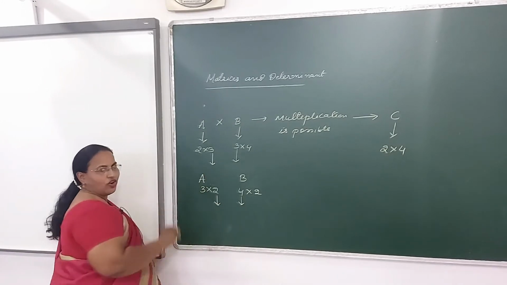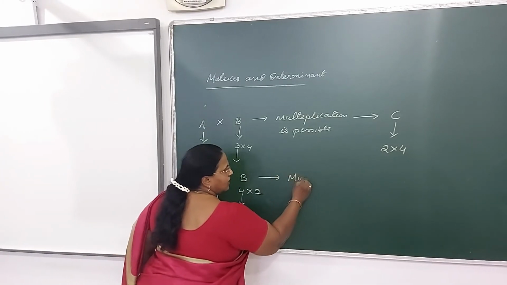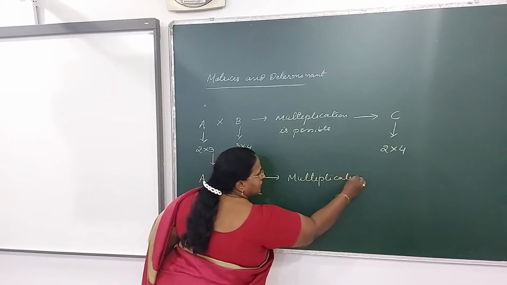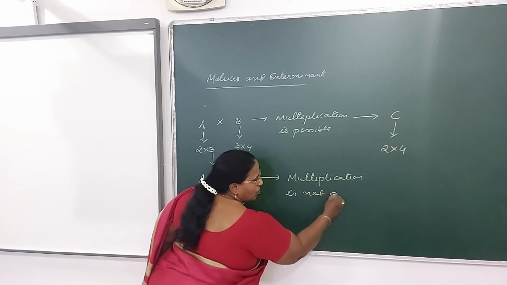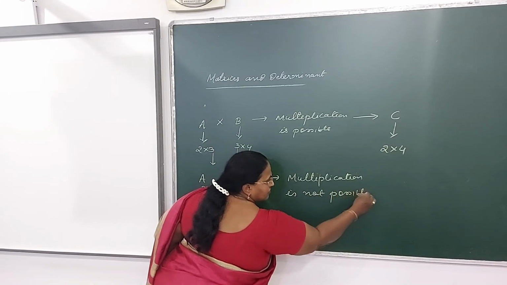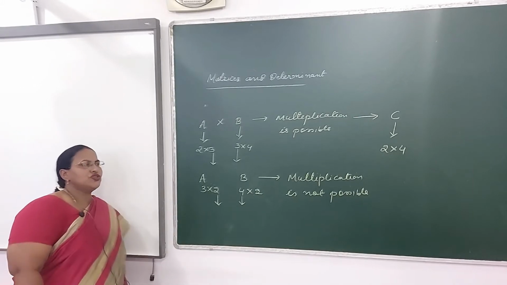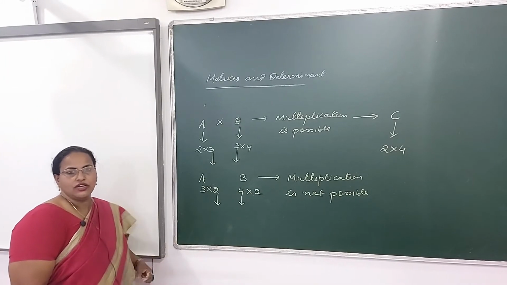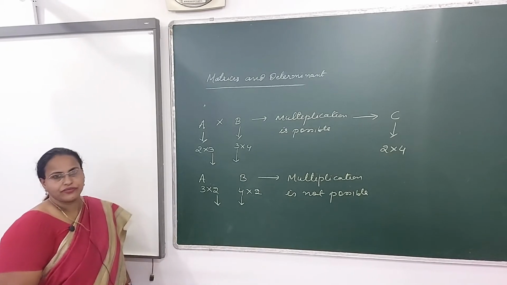Since 2 and 4 are not equal, in this case multiplication is not possible. I hope this is clear to all. What is the necessary condition for the multiplication of two matrices?